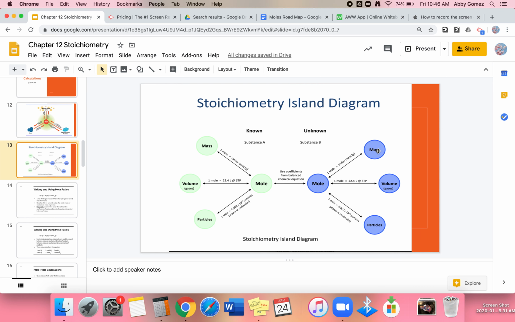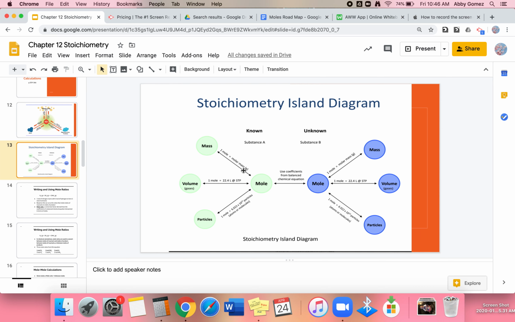So rather than just stopping on this left side and going from grams of substance A to moles of substance A, we are now going to take it another couple steps and convert it from substance A to substance B in moles, and then also taking that to mass or maybe volume or particles. Obviously, this shows all the different options of what we can do with this, okay?